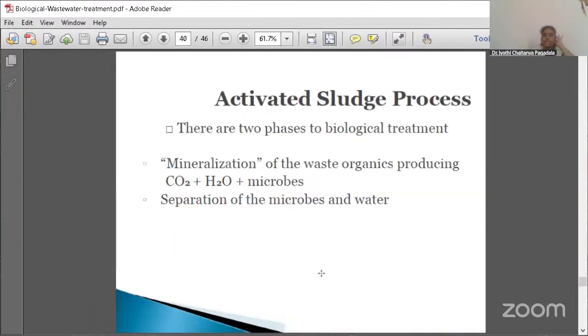Here you can see the activated sludge process. There are two phases to biological treatment: mineralization of waste organics, producing CO2, water, and microbes, and the separation of the microbes from the water.